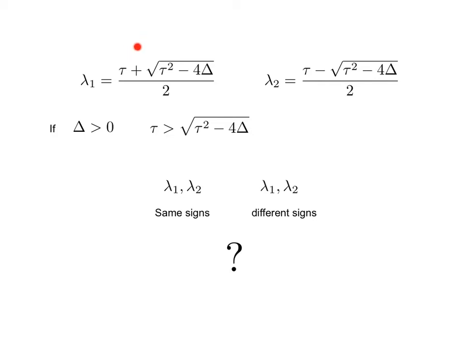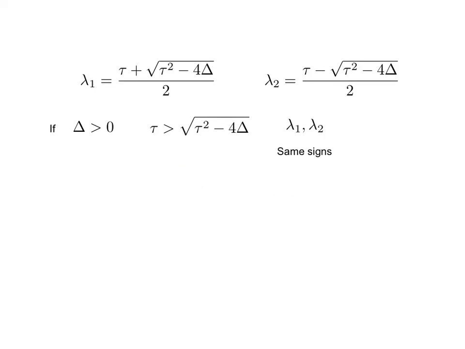You can analyze it in the same way if you have a negative value for tau. So lambda 1 and lambda 2 have to have the same sign.